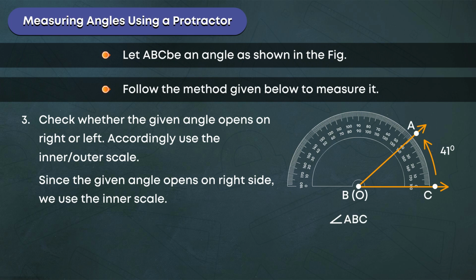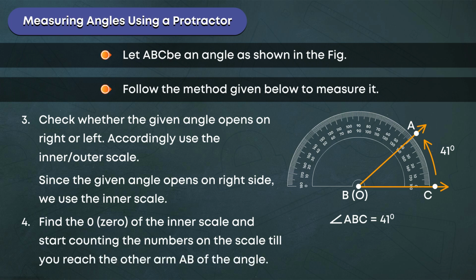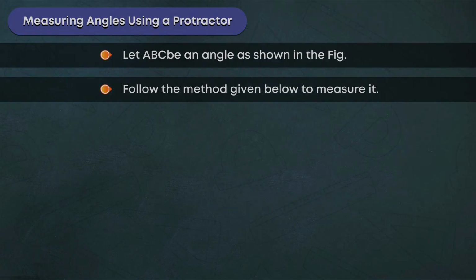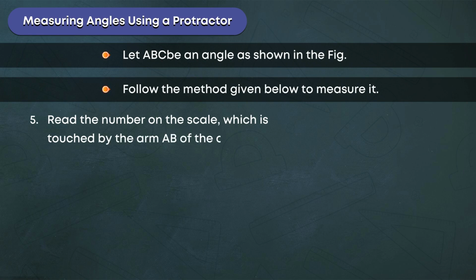Angle ABC is equal to 41 degrees. 4. Find the 0 of the inner scale and start counting the numbers on the scale till you reach the other arm of the angle. 5. Read the number on the scale which is touched by the arm of the angle.